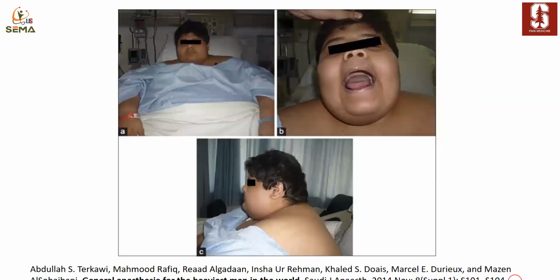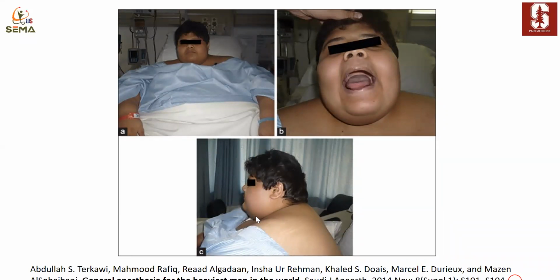So here we go. We have the patient, and this is just to show you the airway. So this is, as you can see, I would call it Mallampati 4 because I don't even see the soft palate. The neck circumference was 42 centimeters. The thyromental distance was, I would say, more than 3 fingers.